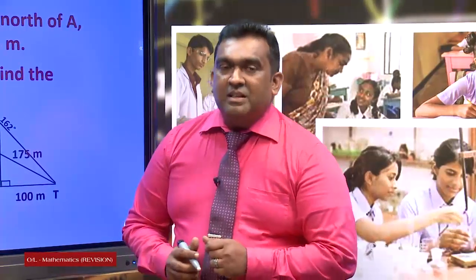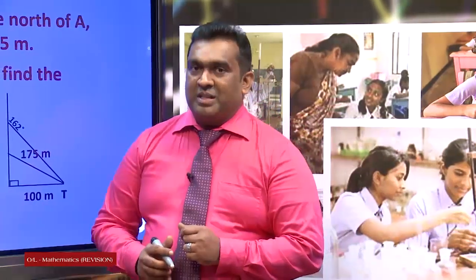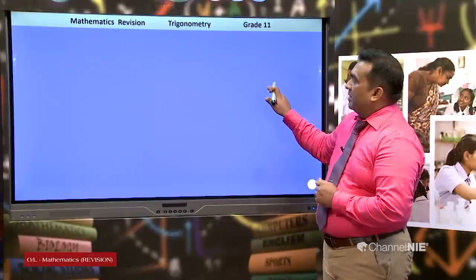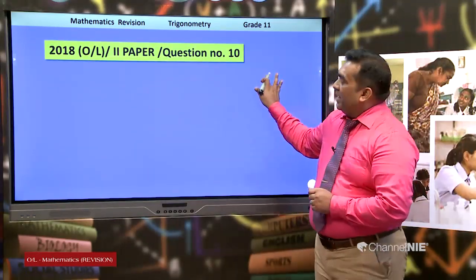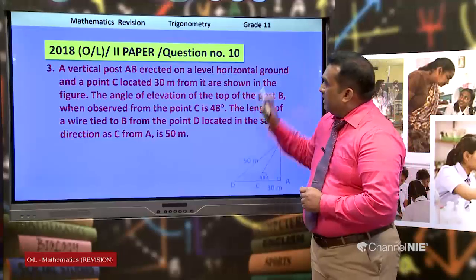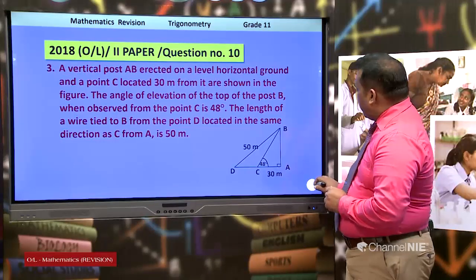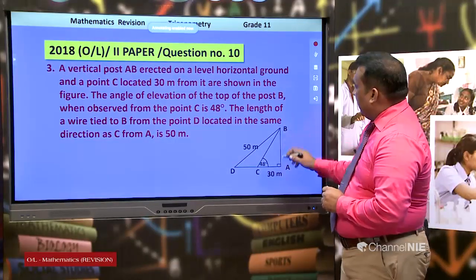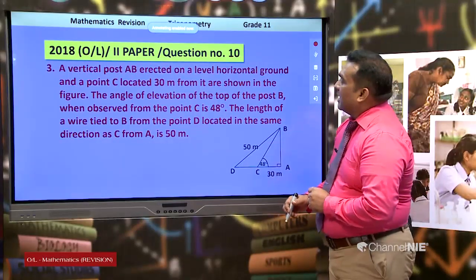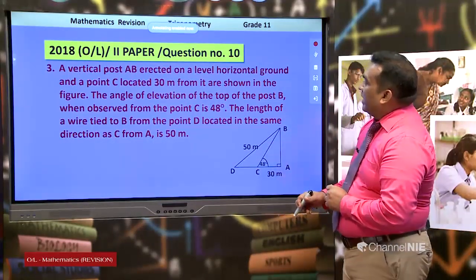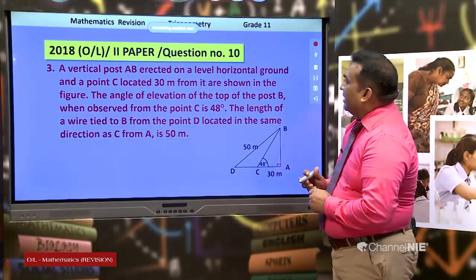Now we will consider the next question, the 2018 trigonometry question. Here you can see a vertical post AB, erected on a level horizontal ground, and point C located 30 meters from it, as shown in the figure.